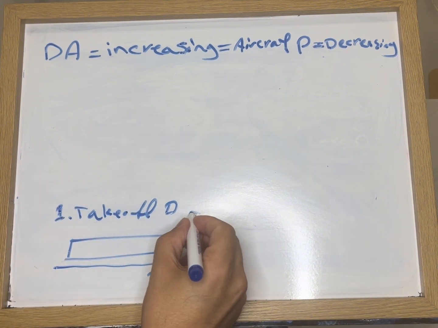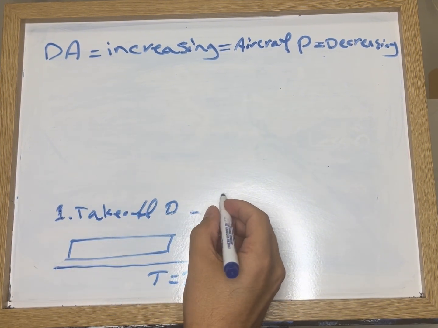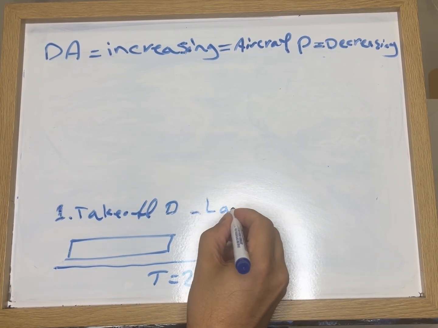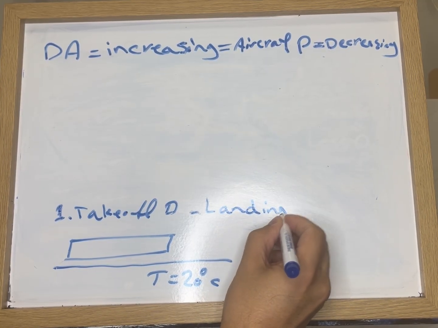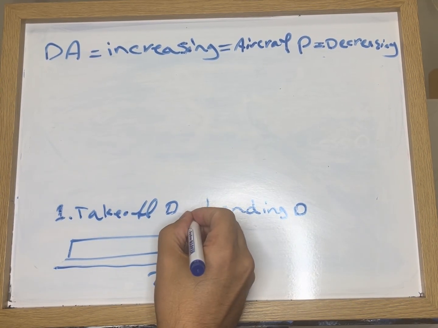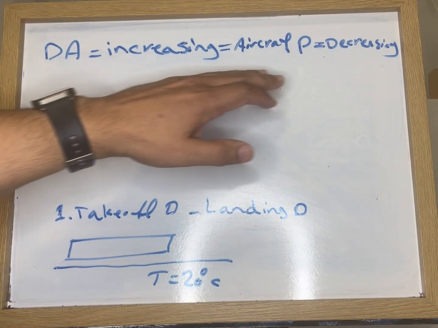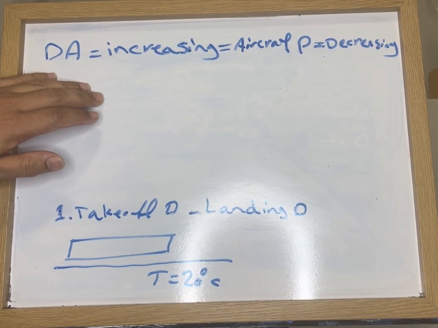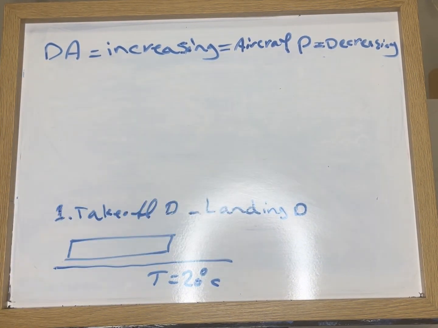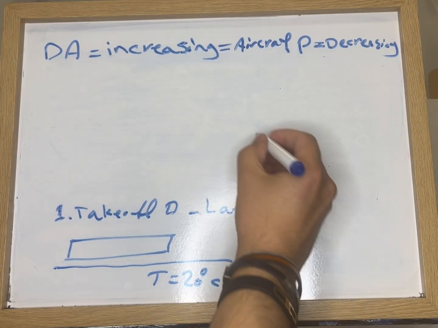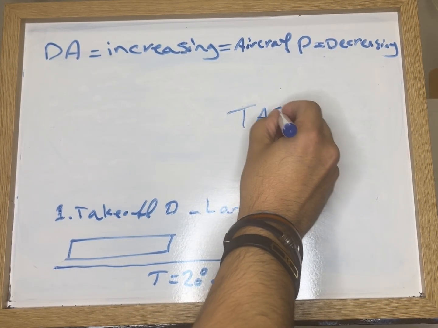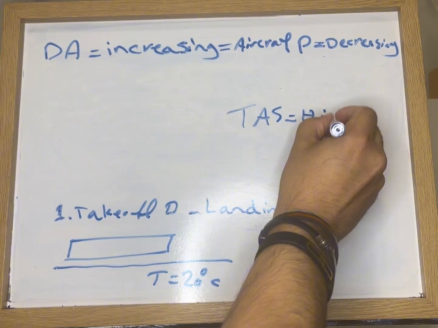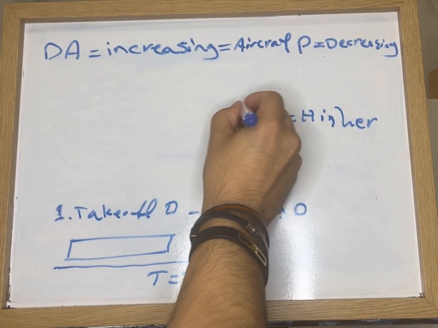Another impact can be on landing distance. When you are at higher density altitude, due to the air density being less, true airspeed is usually higher. Why?